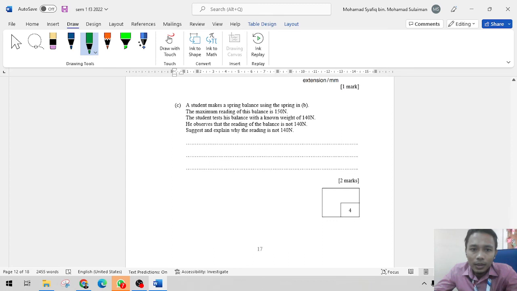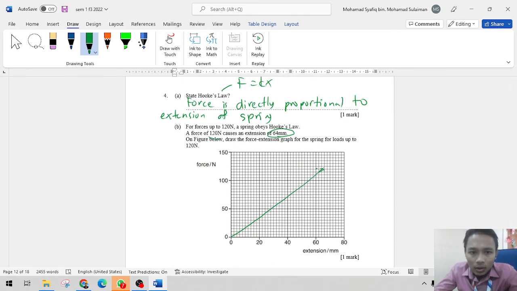So spring balance, but the maximum reading is 150. Test his balance, non-weight 140, not 140. Why? Okay, so because the spring only obeys Hooke's law until 120 Newton.